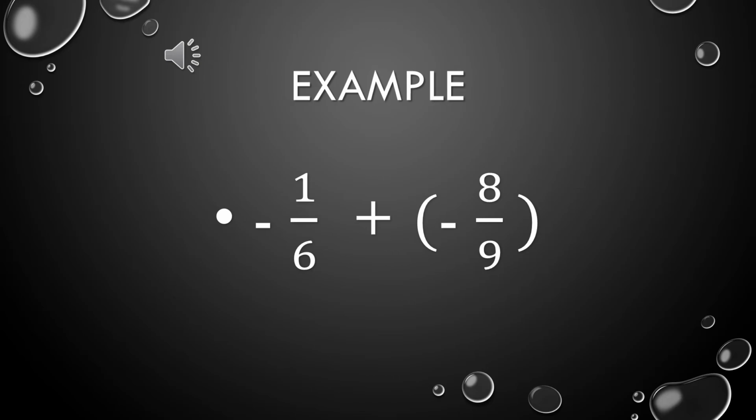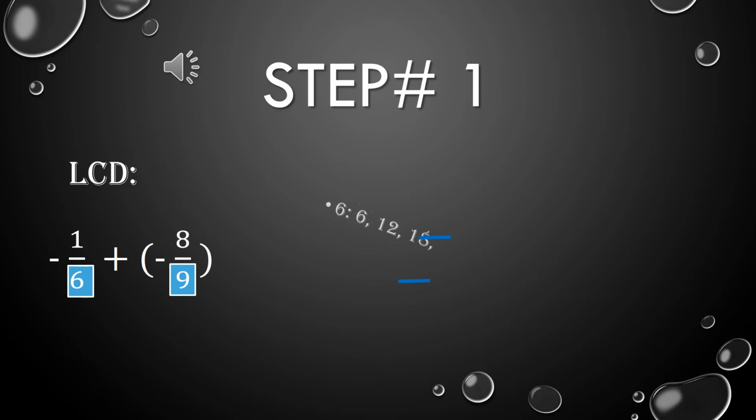Let's try another example. The problem is negative 1/6 plus negative 8/9. The first thing that you need to do is identify the LCD between 6 and 9. For example, 6 times 1, 6; 6 times 2, 12; 6 times 3, 18.